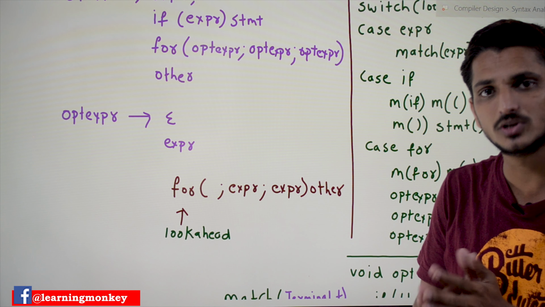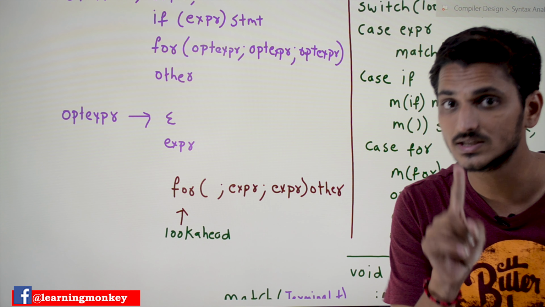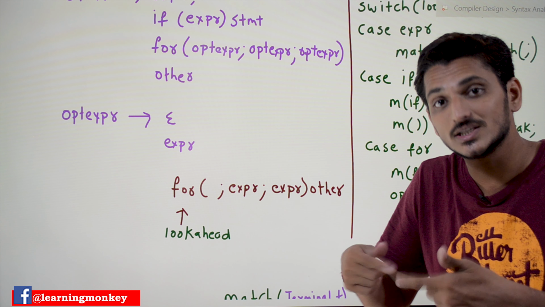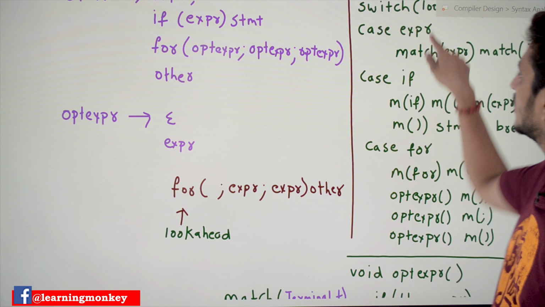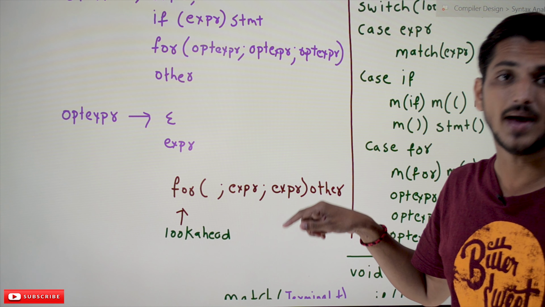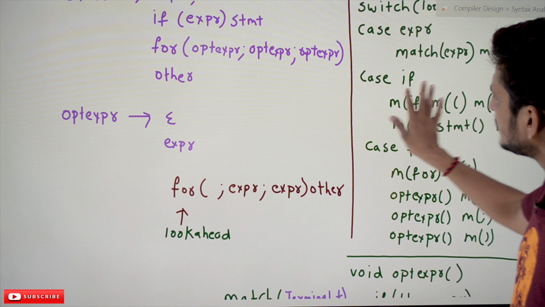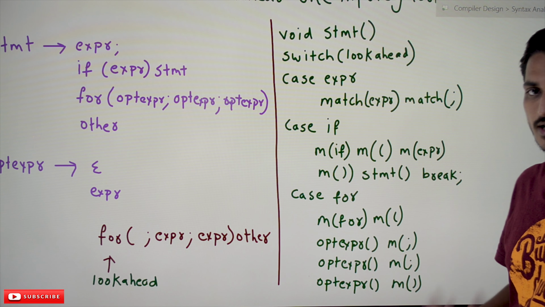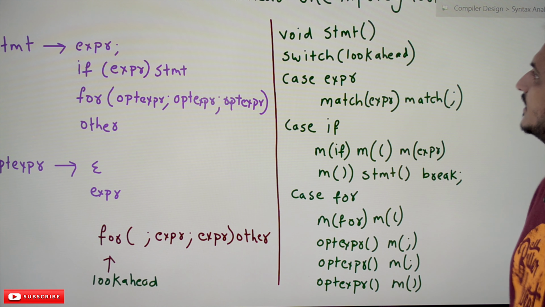That's why in our textbooks we follow lookahead of one symbol. Based on the symbol we are going to write the logic. That's why it is eliminating backtracking. How is it going to eliminate it? If you understand the code, you will understand how it is eliminating the backtracking.